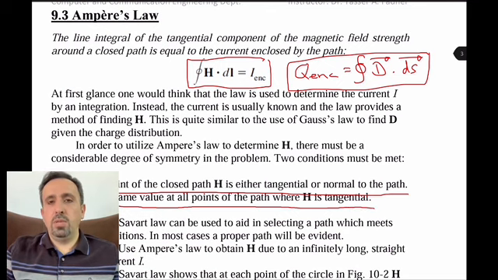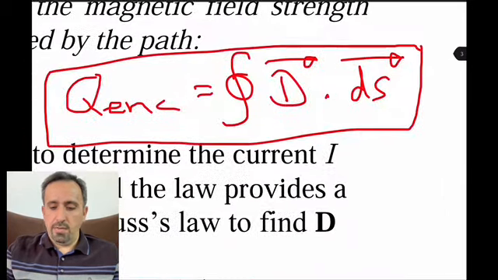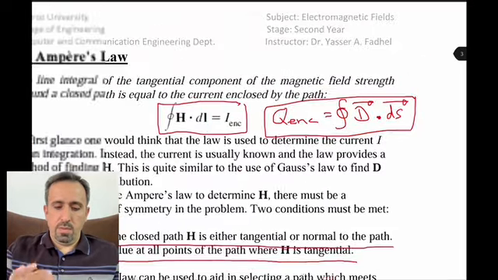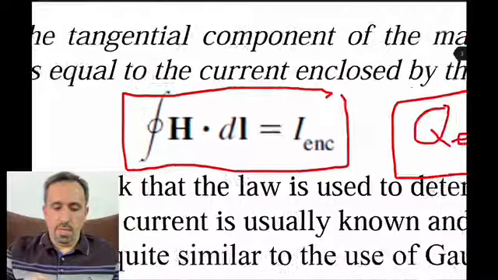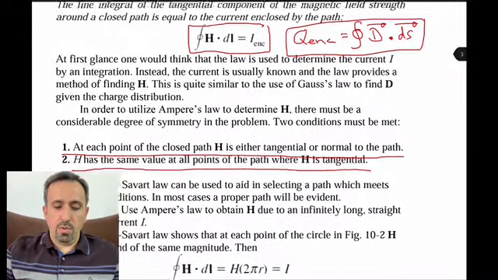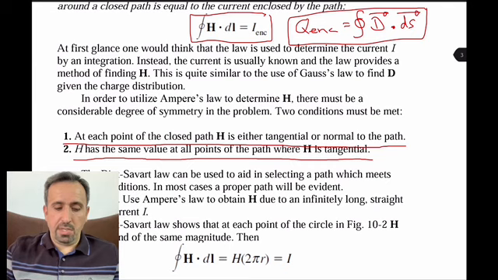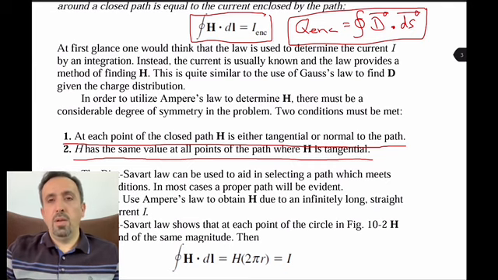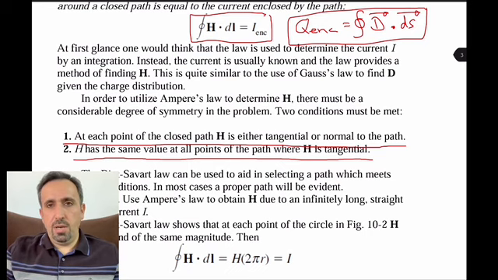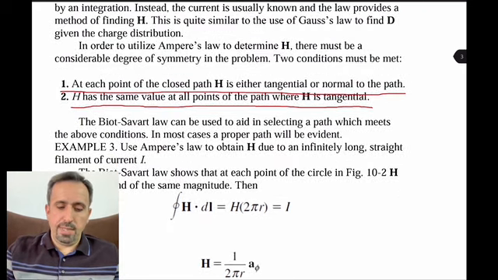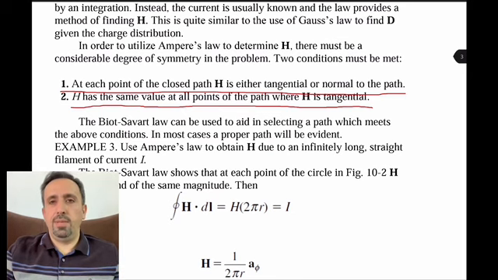Why? Because just like in Gauss law, we have a dot product operation. For those sections of that path where H is tangential, H must have the same value.